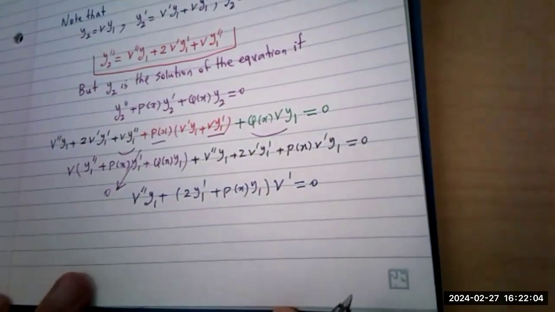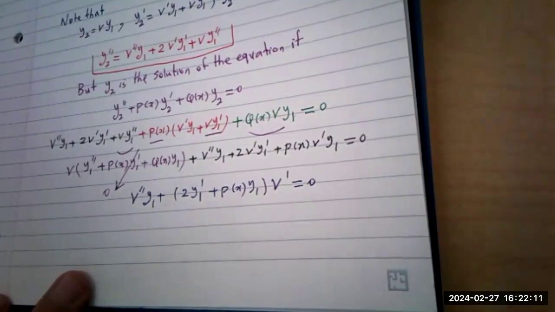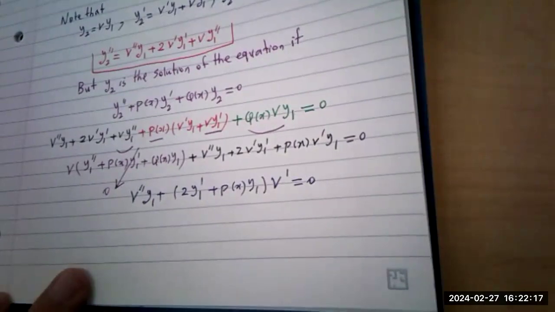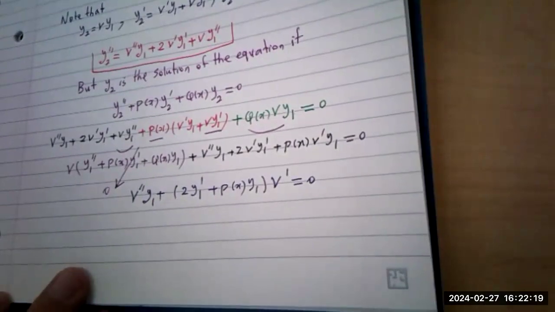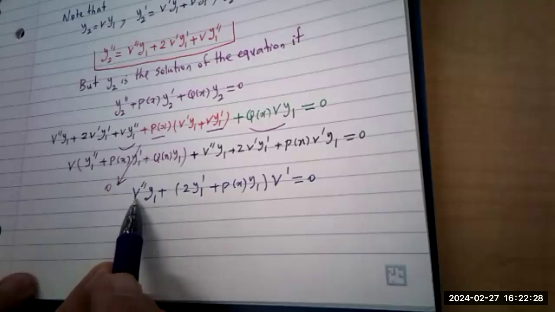Any question? Remember, we are looking for v. Any suggestion? How are we going to solve this differential equation for v? Substitution. So it's a kind of separable variable type, because you have only v double prime and v prime.